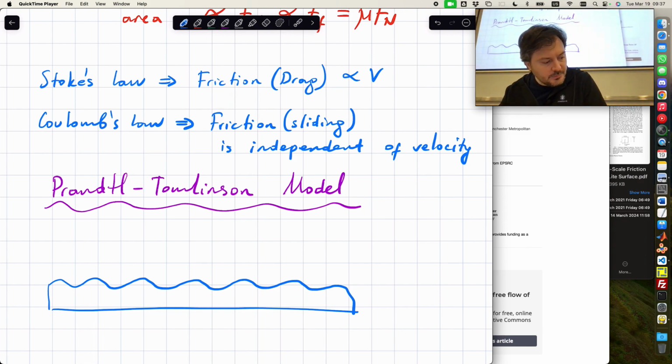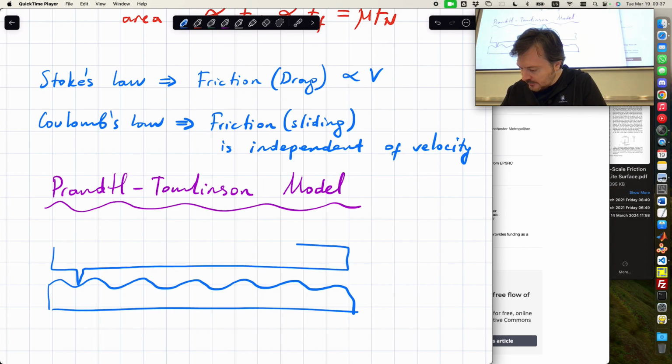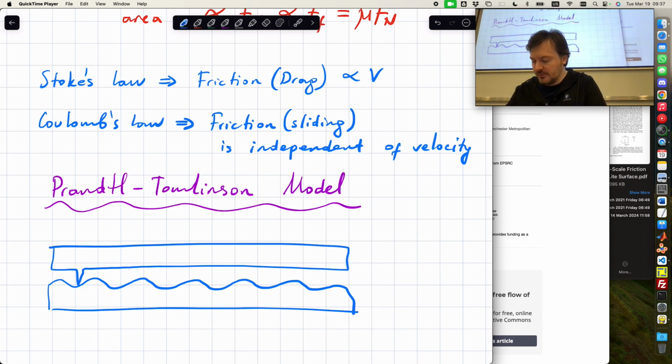And at the top, there is a protrusion. Okay, we will focus on one protrusion, let's say something stiff. It has some stiffness, this part. And this part has some corrugation.